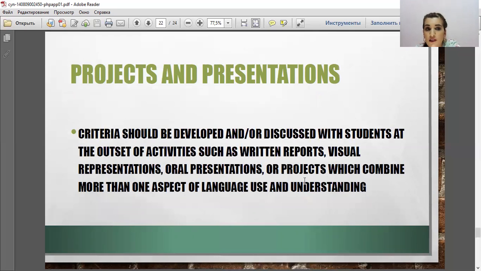So projects and presentations: criteria should be developed and or discussed with students at the outset of activities such as written reports, visual representations, oral presentations, or projects which combine more than one aspect of language use and understanding. Projects and presentations are really helpful for our students because they will work outside the classroom, they will work independently, and presentations will help our students overcome the problems of public speech.